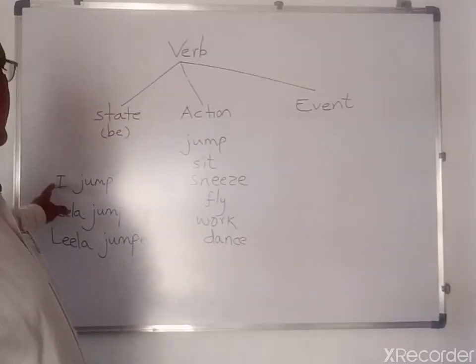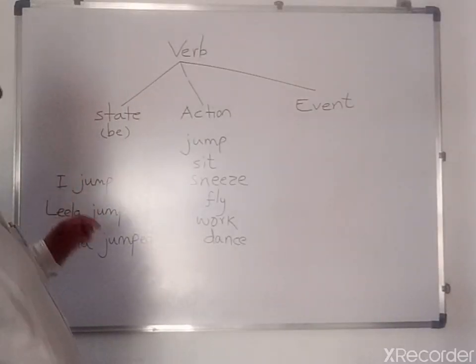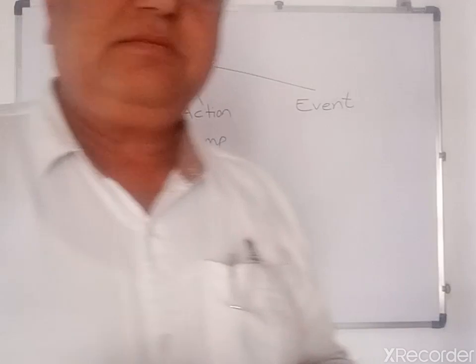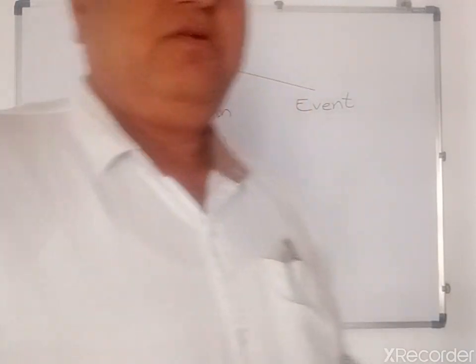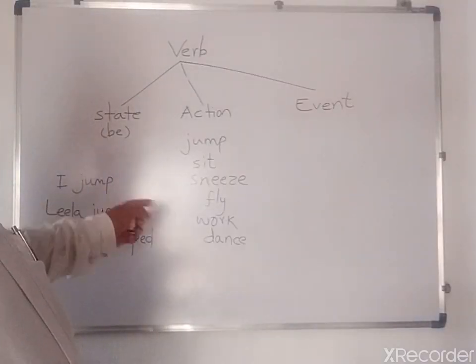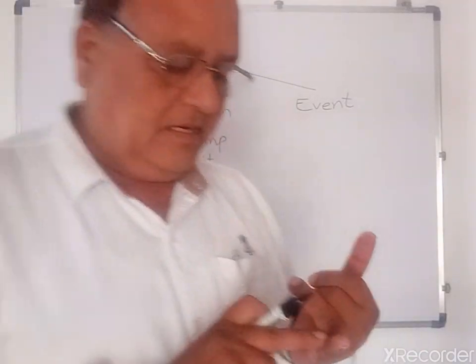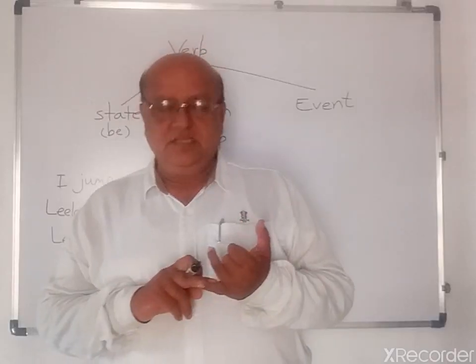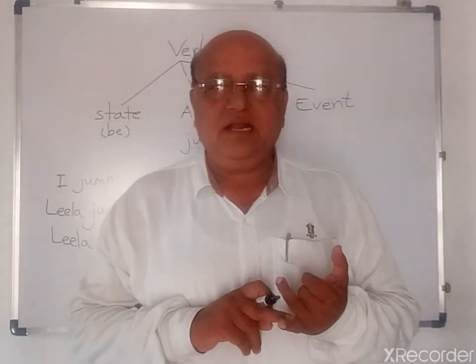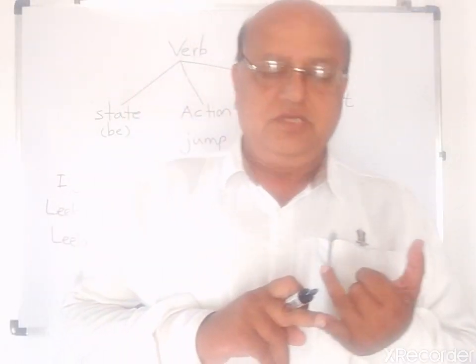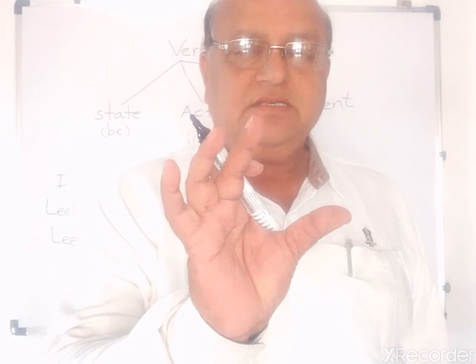This is SV. In order to make it SVA pattern of sentences, we can use adjunct here. In the place of adjunct, we can use adverb. In the place of adjunct, we can use a prepositional phrase.